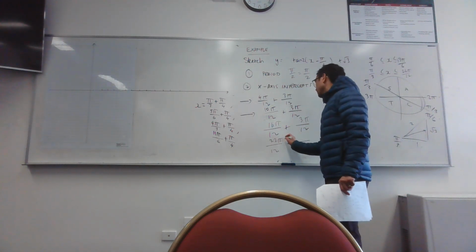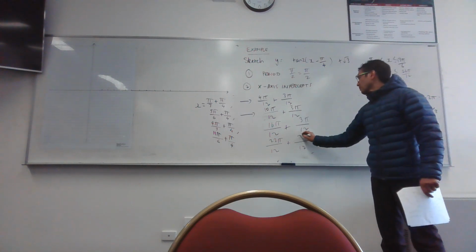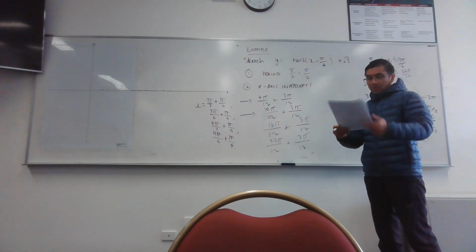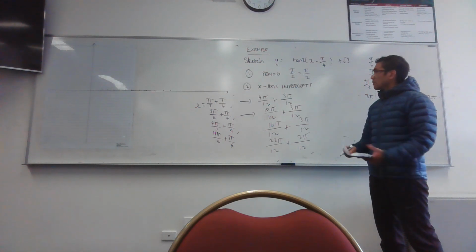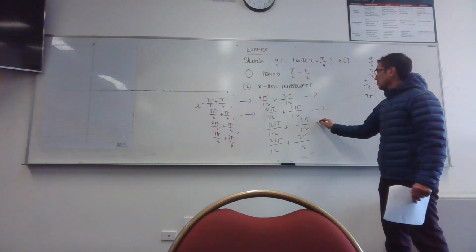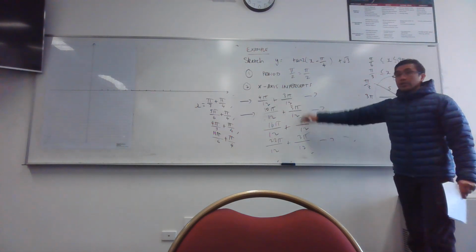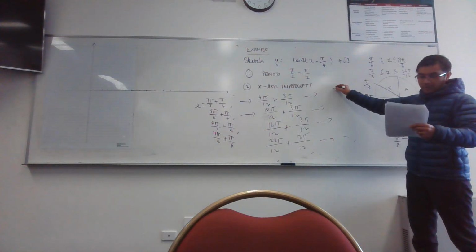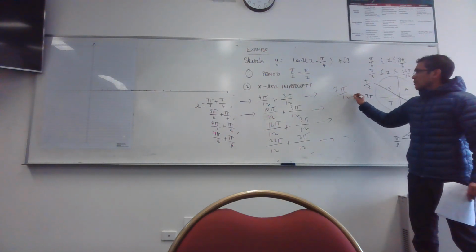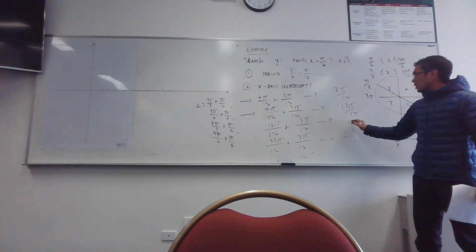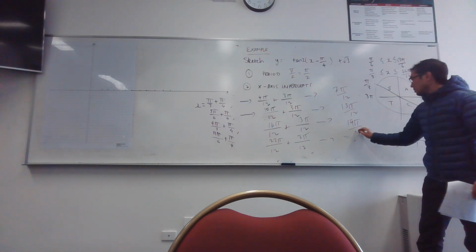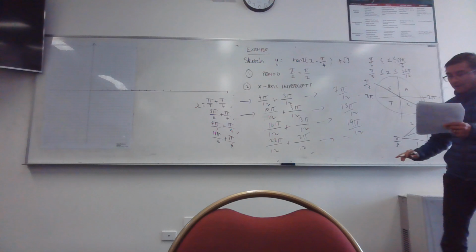And the next one? 3. Okay. Hopefully we're correct. Now I just put them together. 7 pi on 12. 13 pi on 12. 19 pi on 12. Sorry, Missy. And 25 pi on 12.